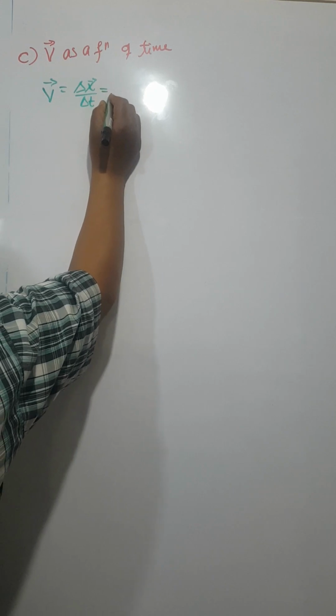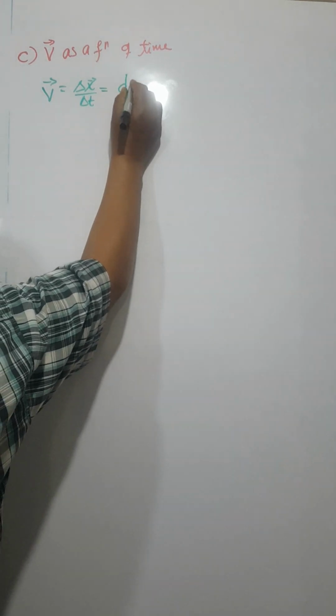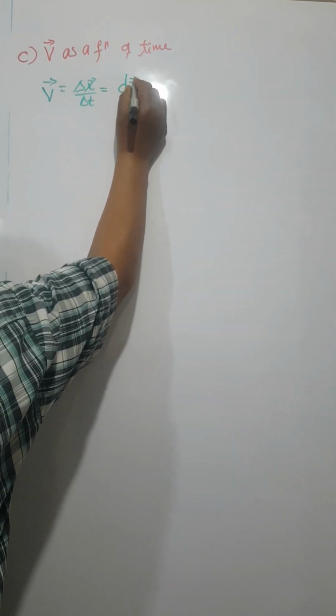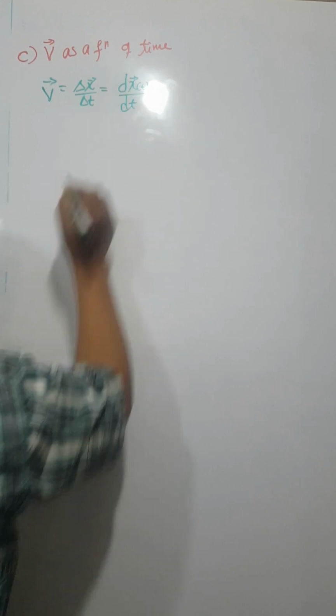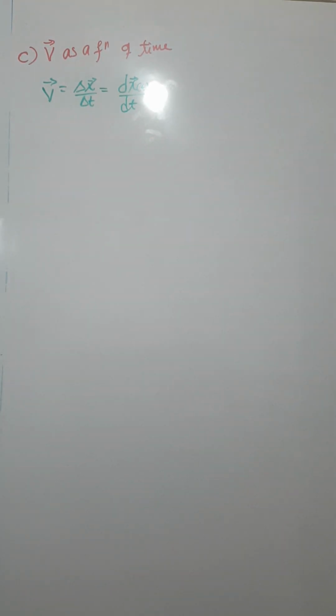This is equivalent to dx divided by dt. Differentiating the displacement with respect to t provides velocity with respect to time.